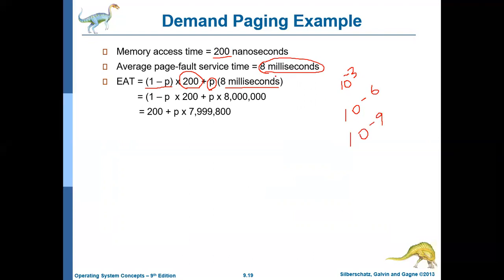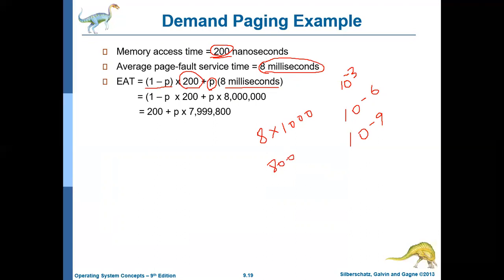So the overhead is 8 milliseconds, but the access time is 200 nanoseconds. If you want to convert this 8 milliseconds to nanoseconds, you have to multiply the 8 with 1000, and what you will get is 8000 microseconds.